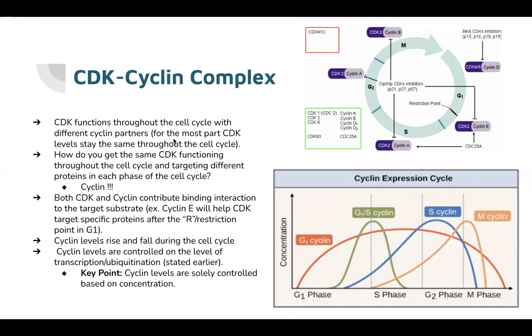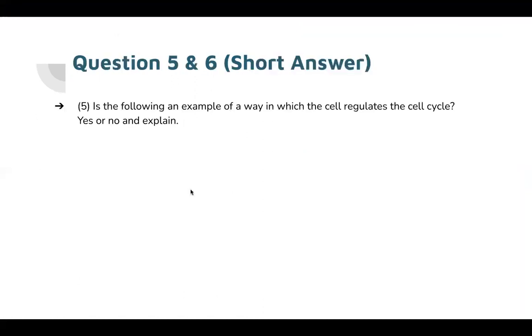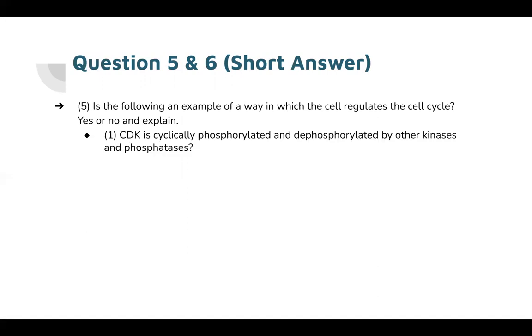All right. So knowing that, let's get into some questions, right? Is the following an example of a way in which the cell regulates the cell cycle? Yes or no, and explain. CDK is cyclically phosphorylated and dephosphorylated by other kinases and phosphatases.